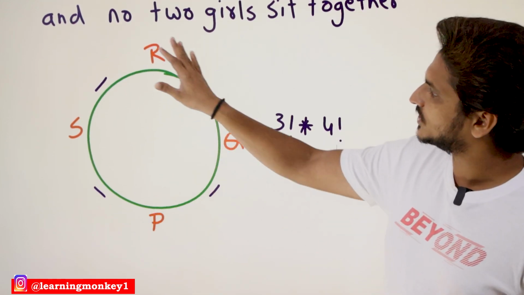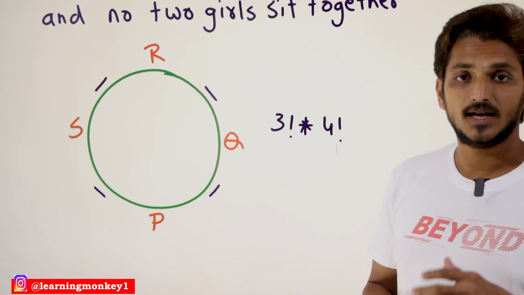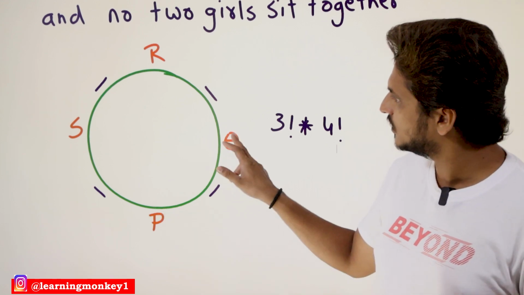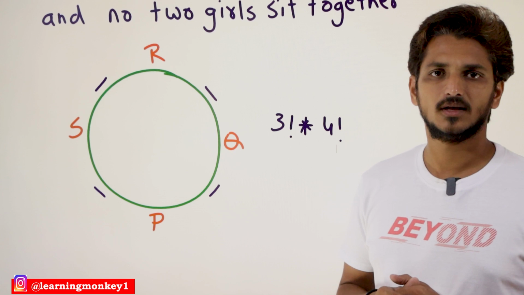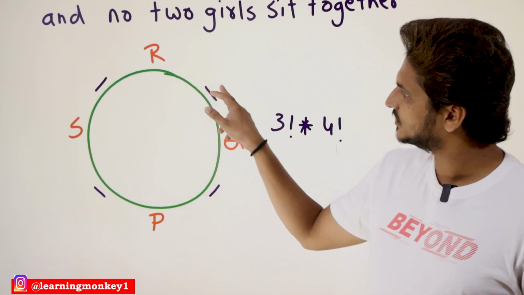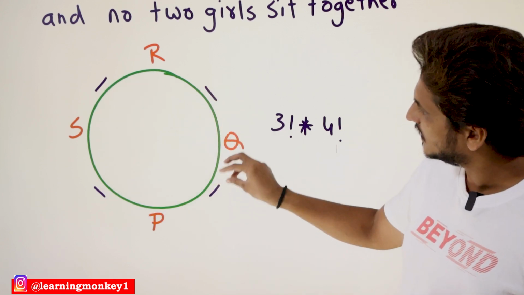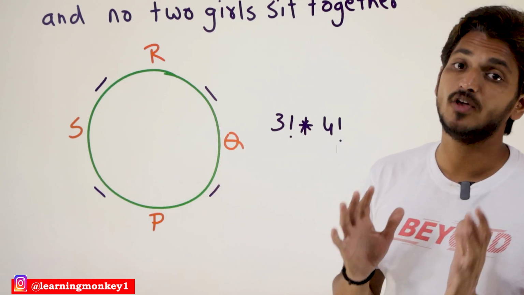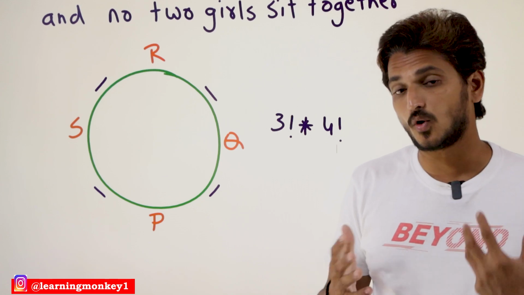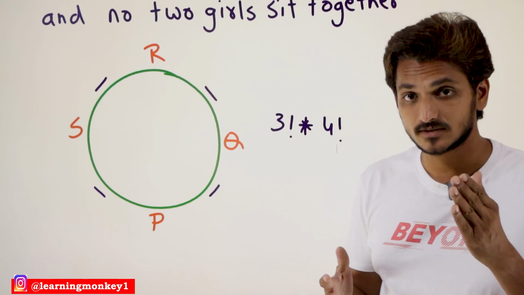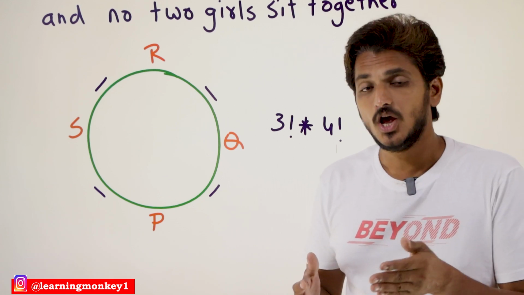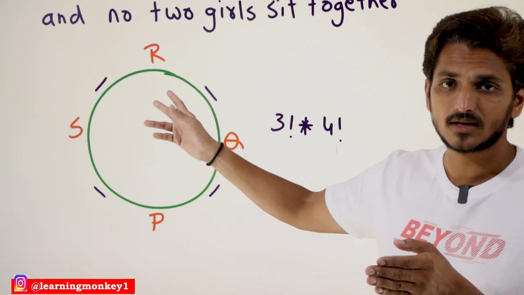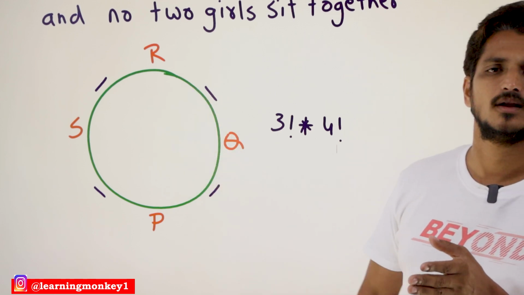These are the 8 positions. Let's take the 4 boys P, Q, R, S. In between, leave 4 positions. If you place girls in these positions, this is the way you can arrange boys and girls that satisfies the condition that no 2 boys sit together and no 2 girls sit together.